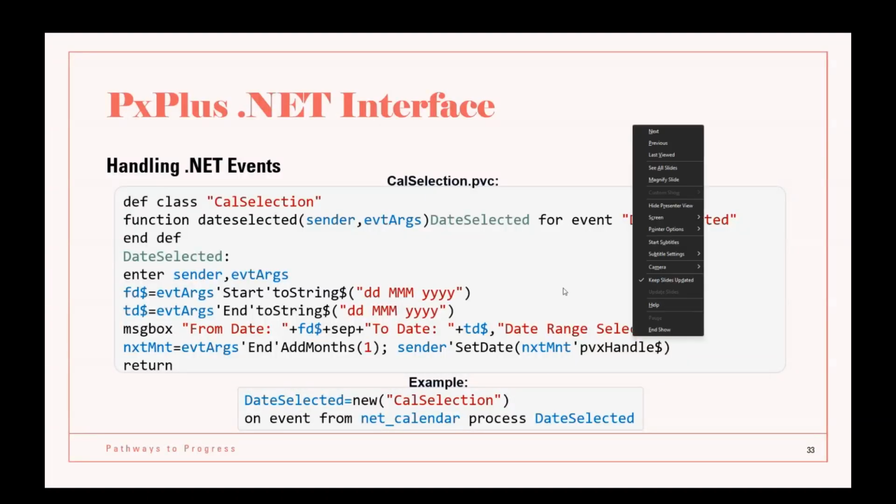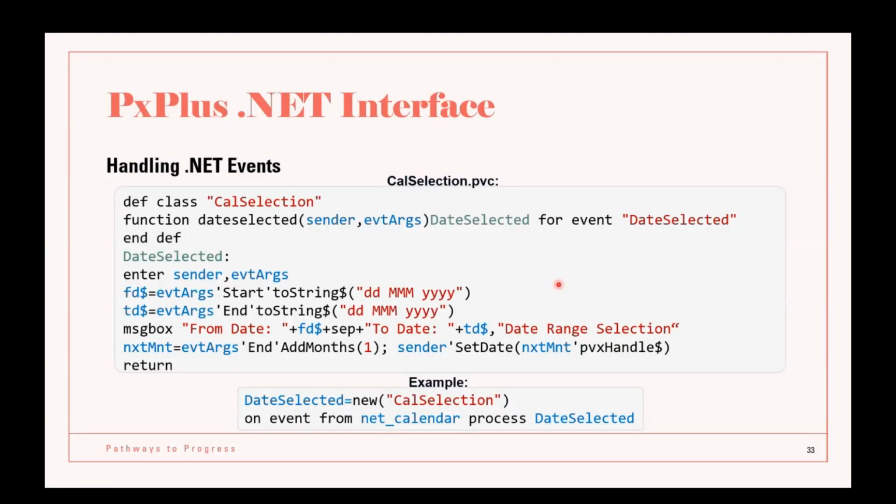The next thing I'm going to do is access the end date again, and I'm going to use a method it provides called add months to, to return a new datetime object that is 1 month after the last date selected.